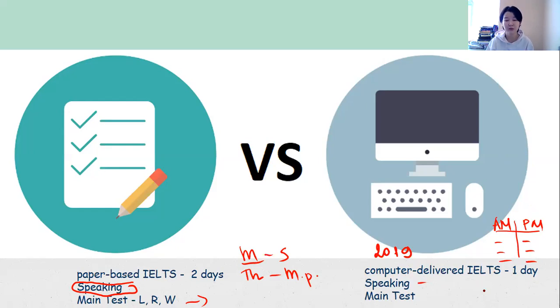It's much more convenient. Another thing is the certificate: for paper-based IELTS it will take 14 days, about 2 weeks, while results of the computer-delivered IELTS will be available within 5-7 days. Just keep that in mind.